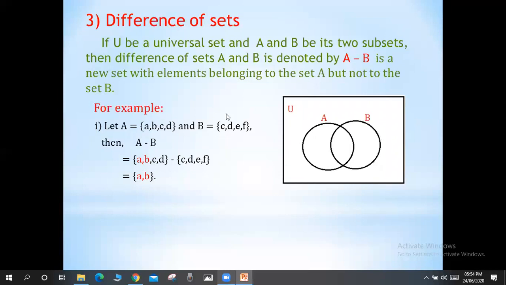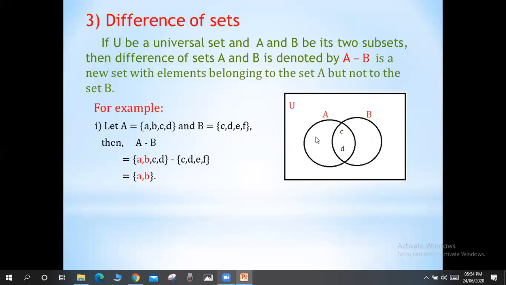Now let's start to place the elements. We start from the common part. In the common part, we write the common elements. So C and D are common elements, so C, D we have written in the common part. Now, what are the remaining elements of A?